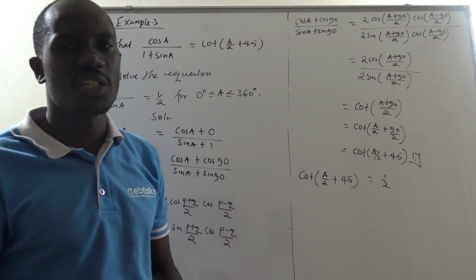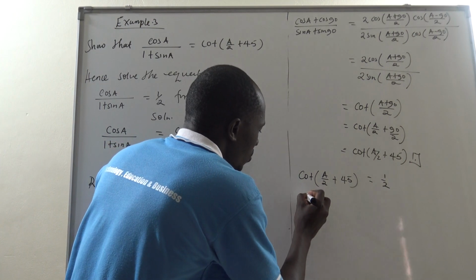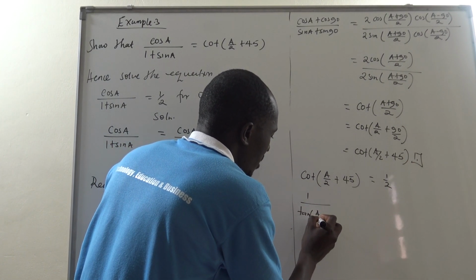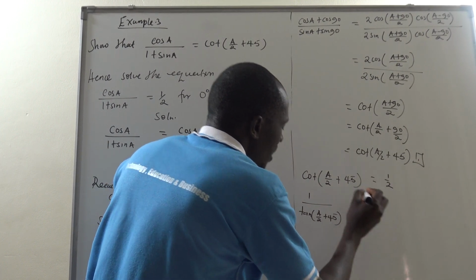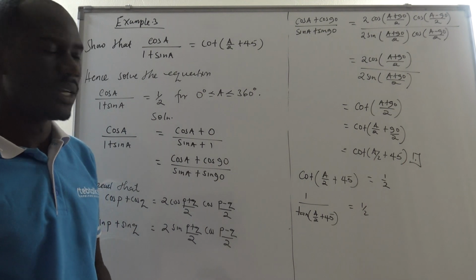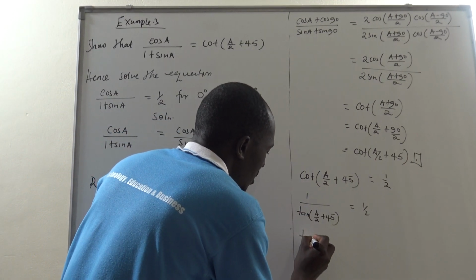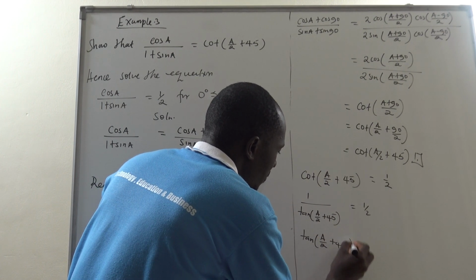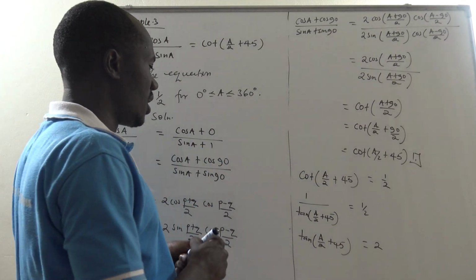And we know cot is the same as 1 over tan. So we get 1 over tan of (A by 2 plus 45) equals a half. Cross multiplying, we remain with tan of (A by 2 plus 45) equals 2.